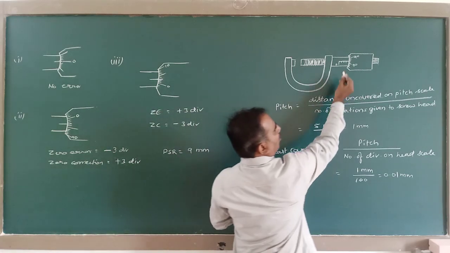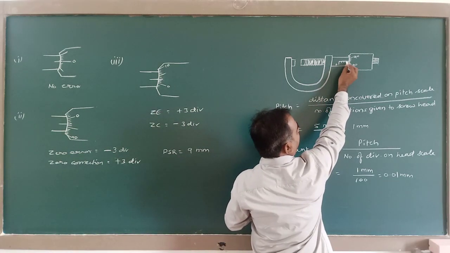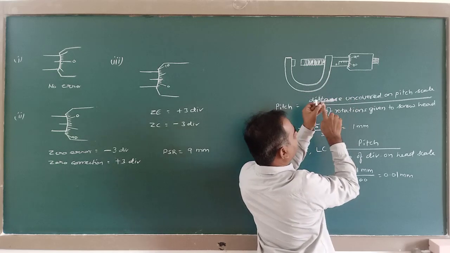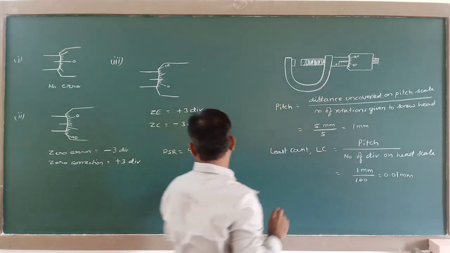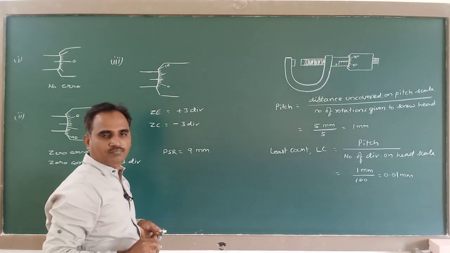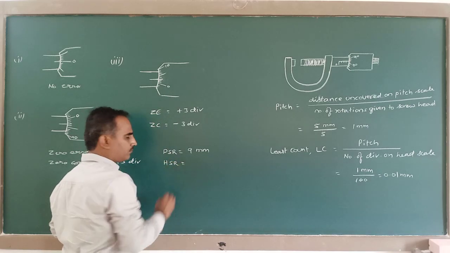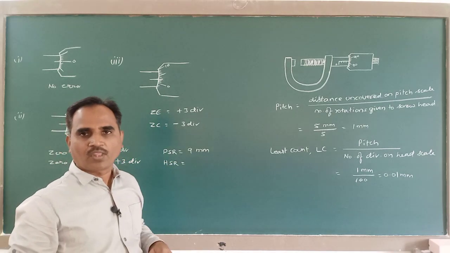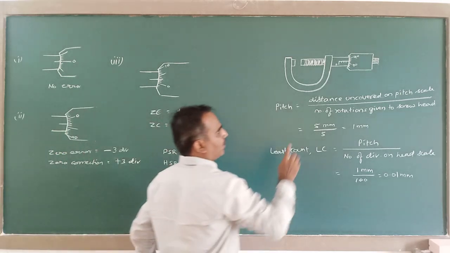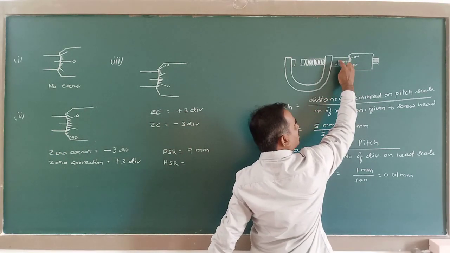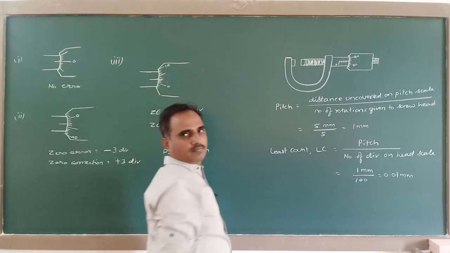So here 1, 2, 3 divisions are there. But after keeping this object, I can see 9 divisions. So pitch scale reading is 9 mm. In the same way, I have to find head scale reading. Head scale reading means the division on the head scale which is coinciding with this pitch line.